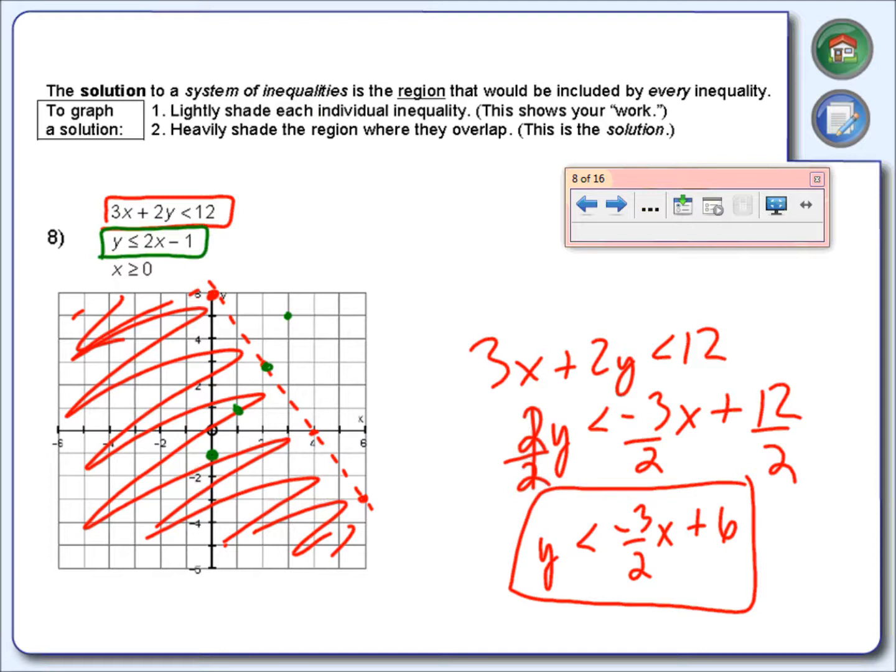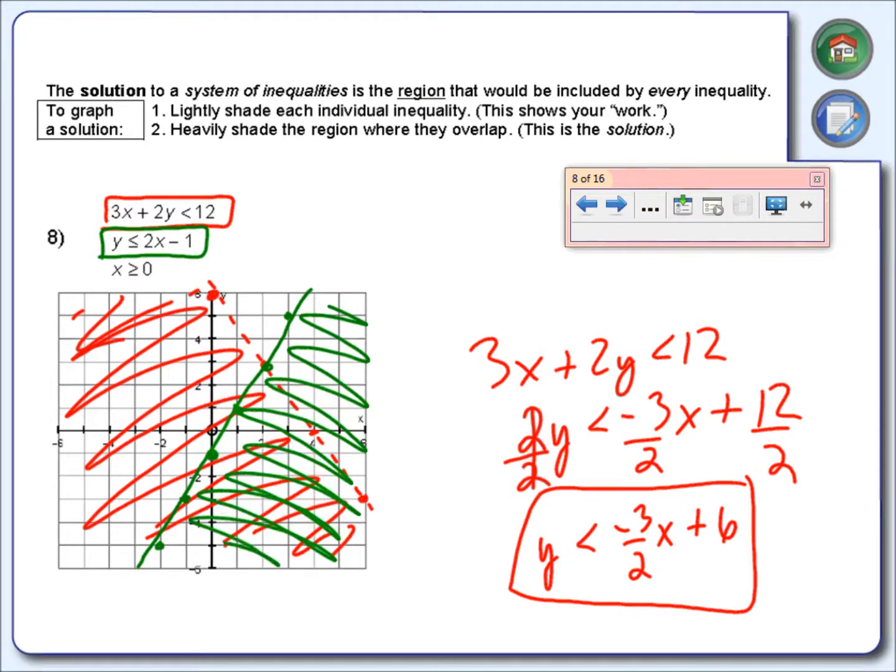Going to get a couple more dots over here, going down 2, 1 to the left, down 2, 1 to the left. This one does have an equal sign, so we're going to use a solid line. And it says less than, so it should be shaded to the bottom. There's the second one.